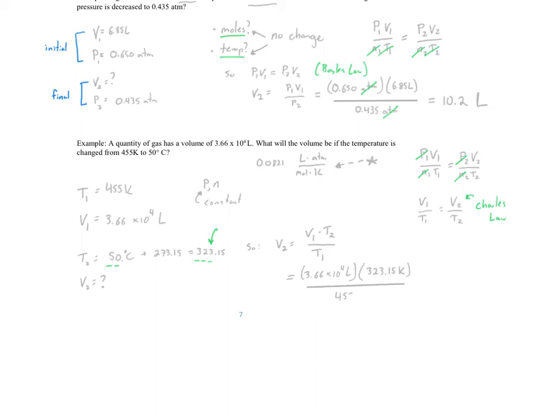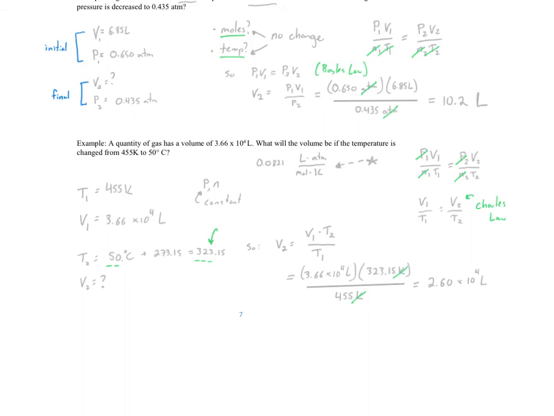And we have 3 significant figures at the top as our smallest one, and then 3 at the bottom also. So our answer should also have 3 significant figures, and we get 2.60 times 10 to the fourth power liters.